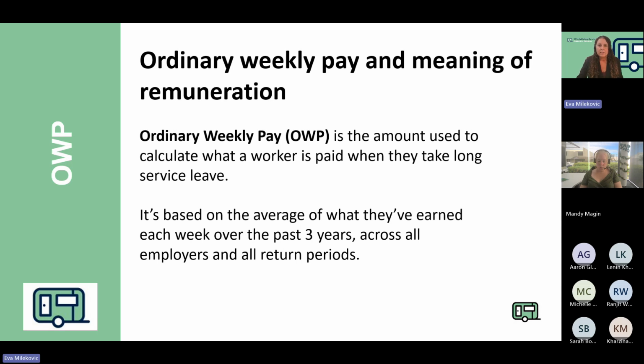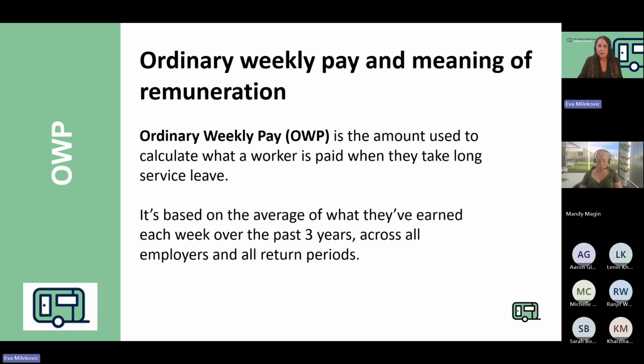Okay, ordinary weekly pay and meaning of remuneration. I just want to touch on OWP for service accrued after the scheme started, because it's important everyone has the same understanding. OWP is simply the amount used to work out what a worker gets paid when they take long service leave.